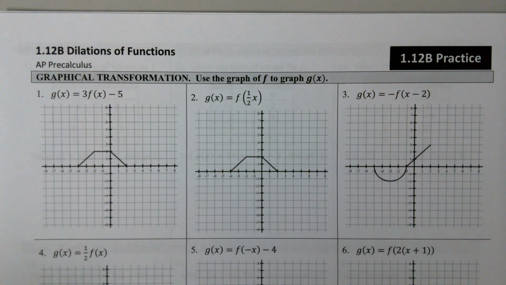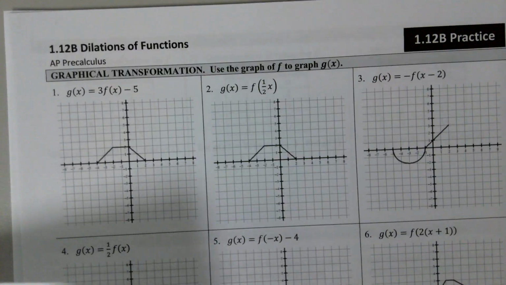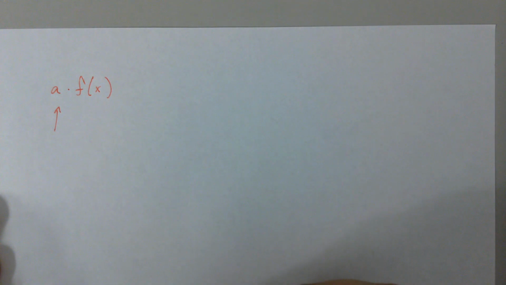vertical and horizontal dilations. So first we have to be able to identify where a vertical or horizontal dilation occurs. So going to look at this first. For a vertical dilation, this is found when some number is being multiplied in front of our function like this.